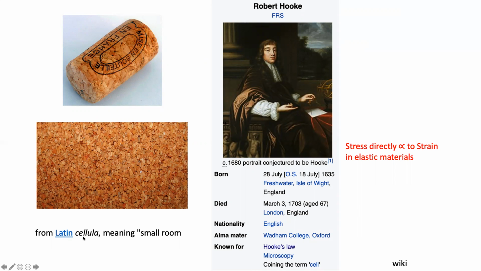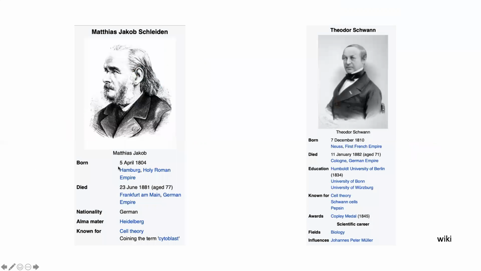In Latin, it is called cellula. And the terminology cells come from the cellula. These are the gentlemen who started talking about plants and animals being made of multiple cells, which is called multicellular organisms.